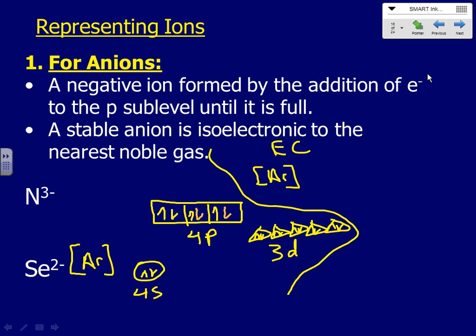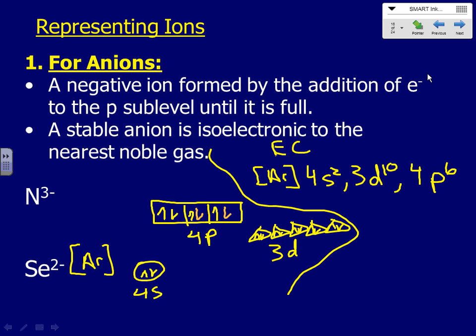Working my way across, 4s2, 3d10. Under normal conditions for just a selenium atom, it would be 4p4, but because we've got a -2 charge, it is 4p6.